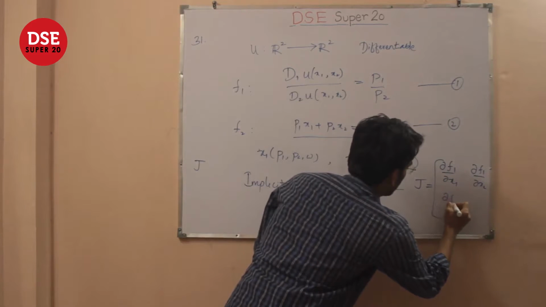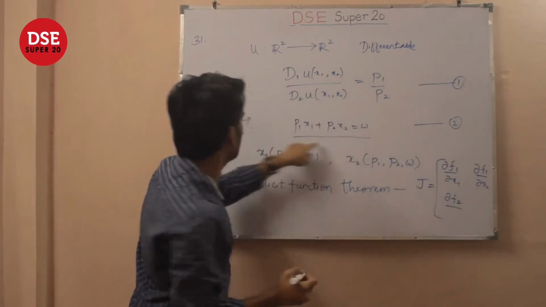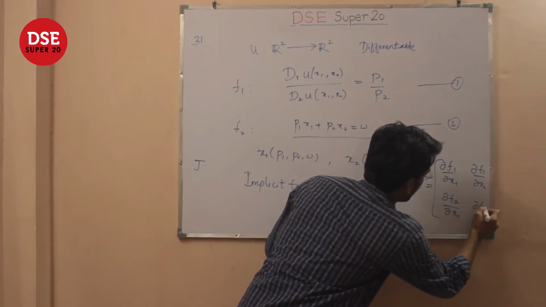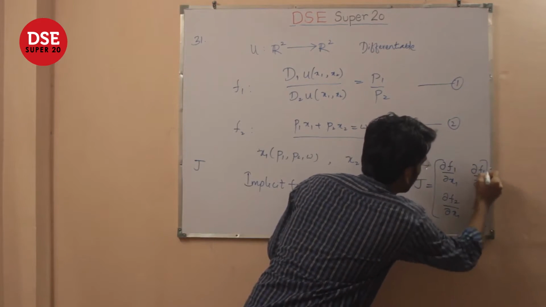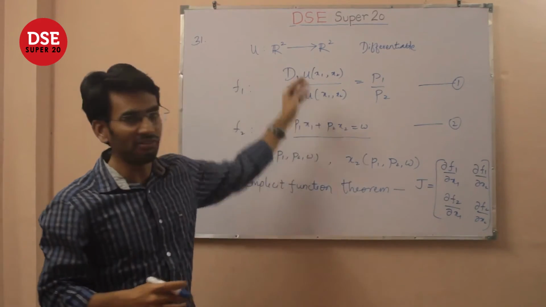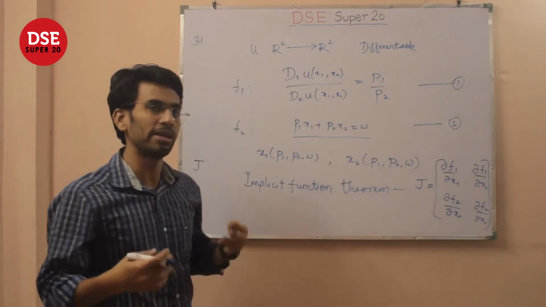And so it is for the second function, the budget constraint: del f2 by del x1 and del f2 by del x2.